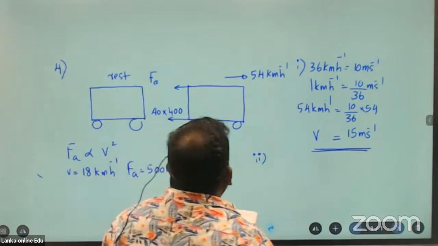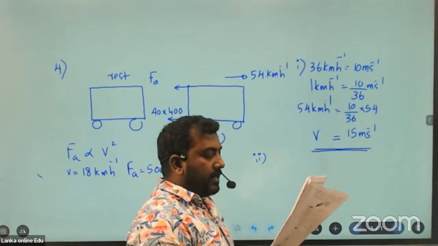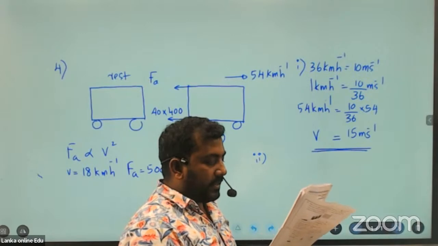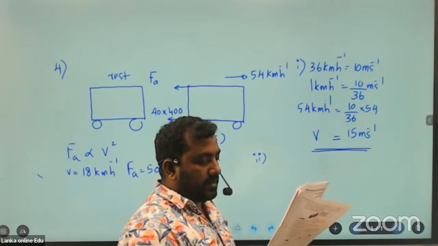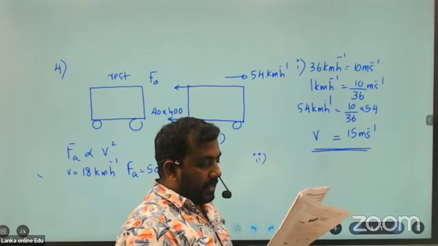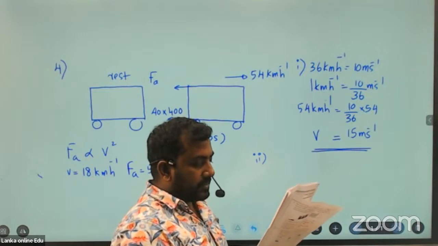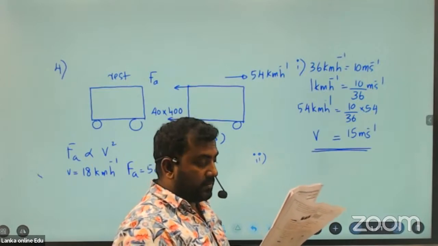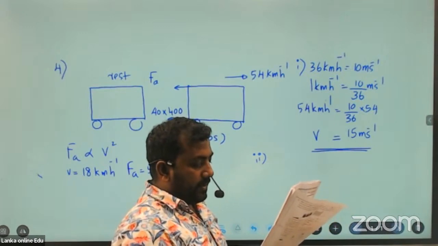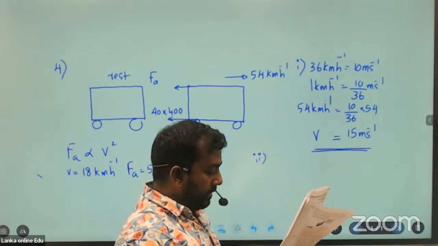Now look at this carefully. If you read the question very carefully here, total mass of the train is given 4 × 10⁵. Due to force exerted by the locomotive, train accelerates on the linear horizontal path from rest to 54 in 5 minutes. Frictional resistive force acting is 40 × 10⁻³. Air resistive force on the train is directly proportional to the square of the velocity. Air resistance is 500 newtons when the velocity of the train is 18 kilometer per hour.